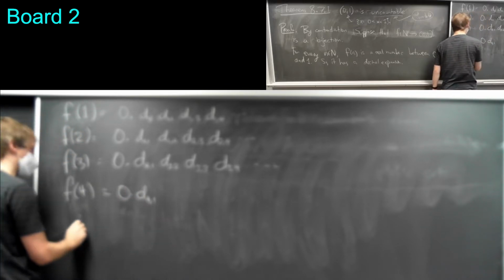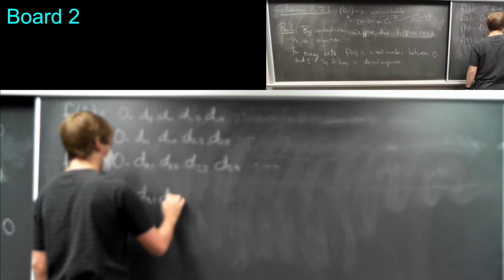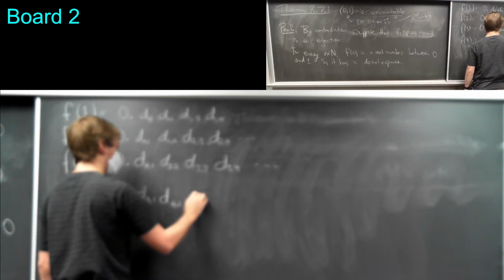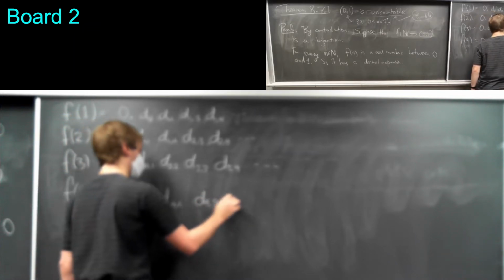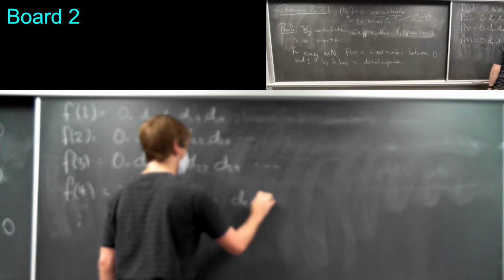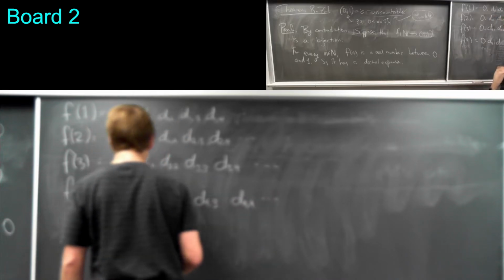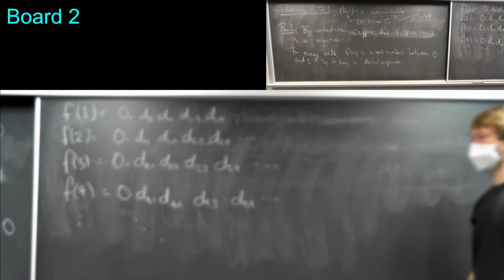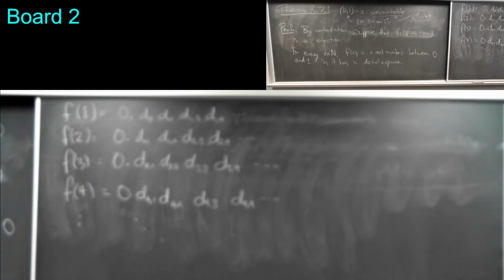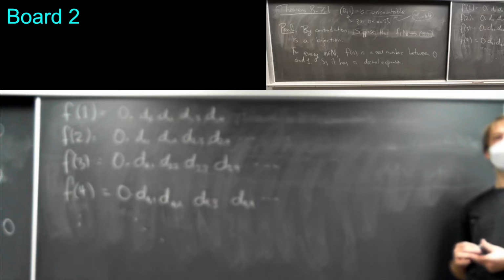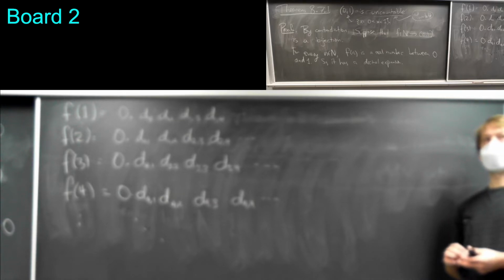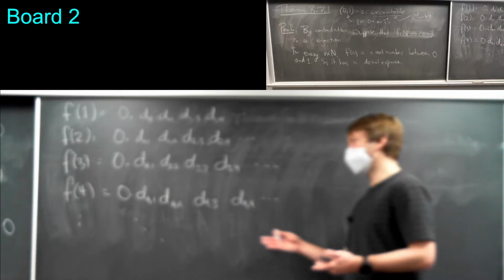But this goes on forever. Is it clear what I'm doing here, or any questions about this? Okay, so these are numbers between 0 and 1.